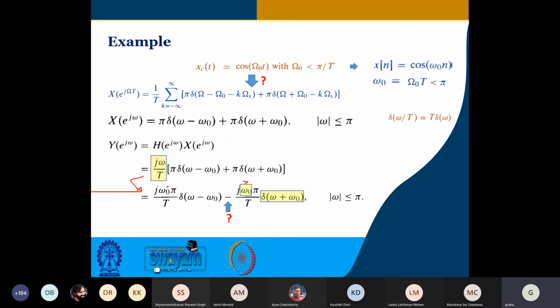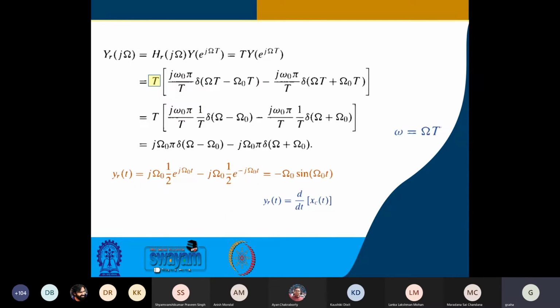Right. So from here we go to the next step. Small omega to capital omega we are moving. This capital T comes from the reconstruction filter. So you come over here, just cancelling the T's, and then this one, if you now look at it, is what?